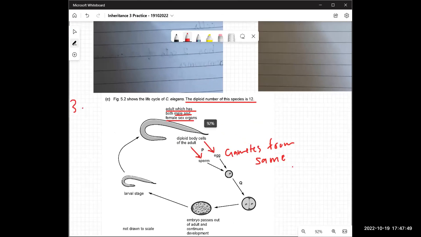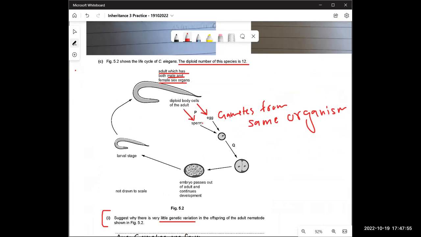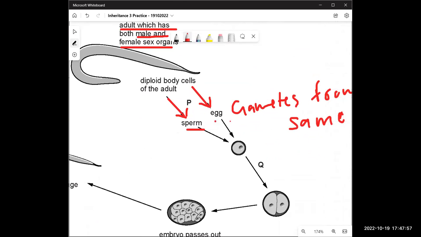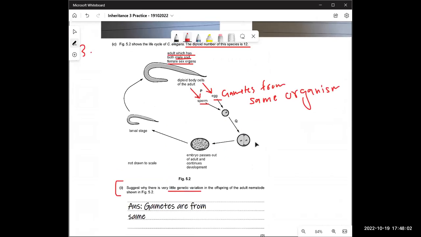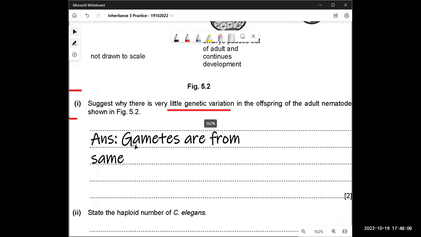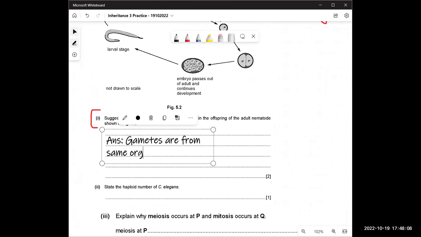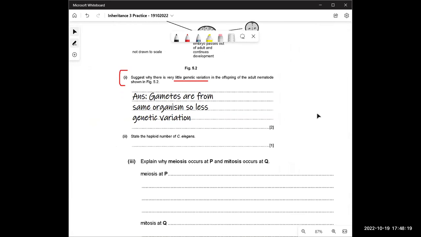It doesn't work like that, but we're trying our best to revise things. Since our gametes are from the same organism, we will write that gametes are from the same organism, so less genetic variation, because you must have different parents for genetic variation.